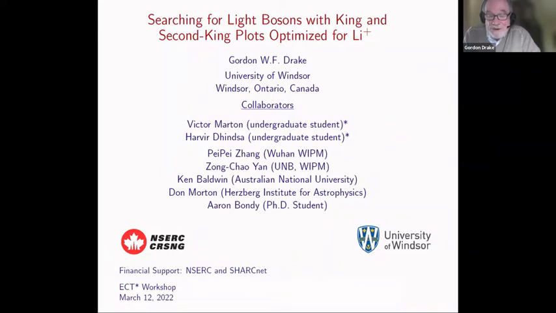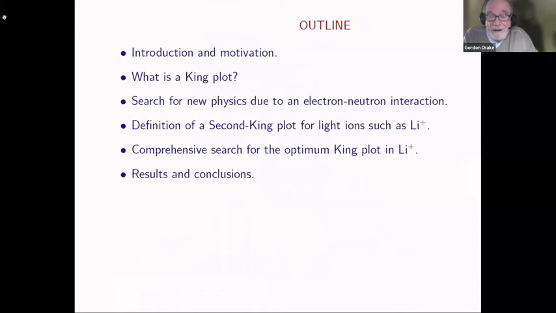I just wanted to mention that two of my collaborators, Victor Martin and Javier Dinsa, worked on this project as undergraduate students as a fourth-year project. As an outline, after an introduction and motivation, I'll talk briefly about what a King plot is for those who don't know.